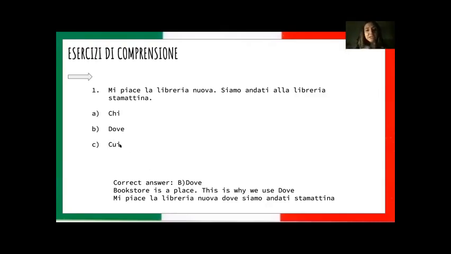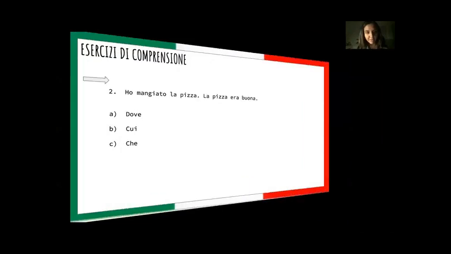But because there is no preposition in the answer C, we cannot go ahead and use cui. We have to use dove. All right. Is everybody okay with this? All right, give me a thumbs up, everyone. Okay, I see all of you. Okay, all right, very, very good. So let's just move on. Let's see the second one.